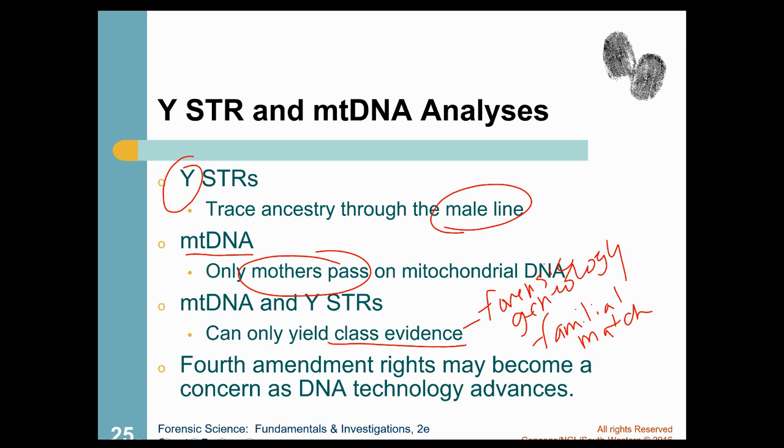The Golden State Killer is probably the most famous case that was solved through genetic genealogy, and this is bringing in a lot of Fourth Amendment right issues, and I think this is going to be debated for some time to come.